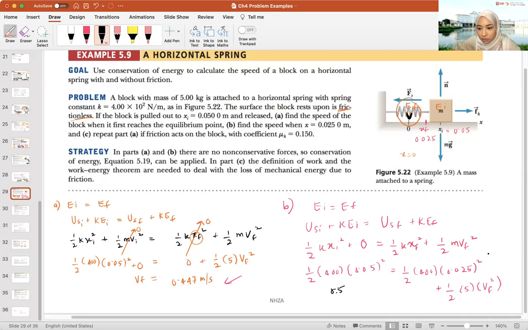This guy is 0.125 for this guy. And then we have 0.5 minus 0.125 times 2 divided by 5 square root. So I get my V final as 0.387 meter per second.